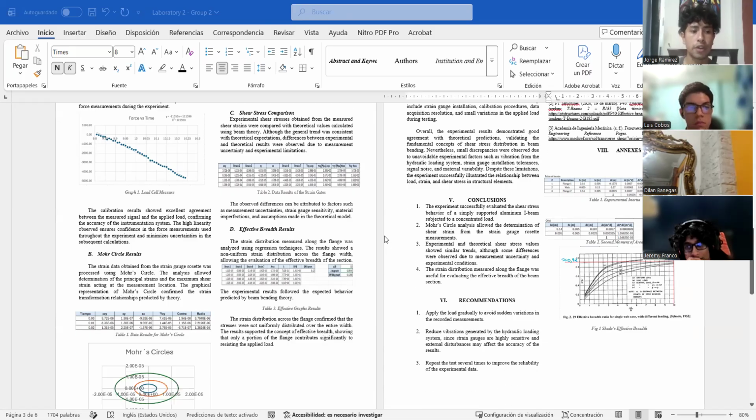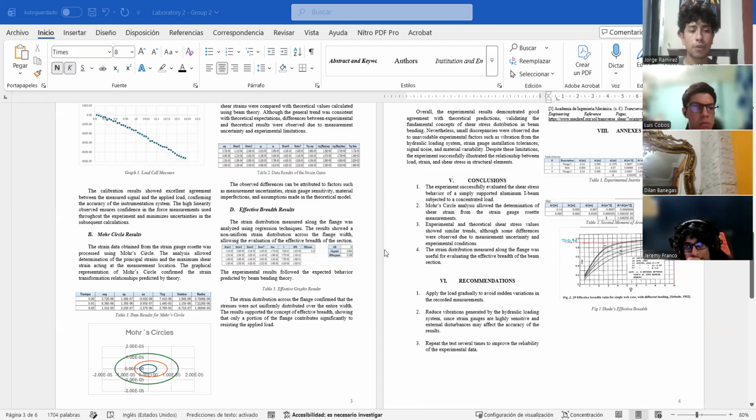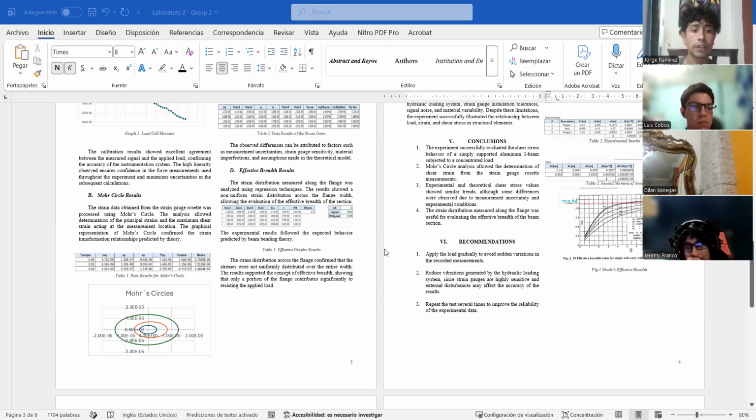Moreover, in the case of the Mohr circle results, the data was obtained from the strain rosette, and we proceeded to make the Mohr circle using this data.